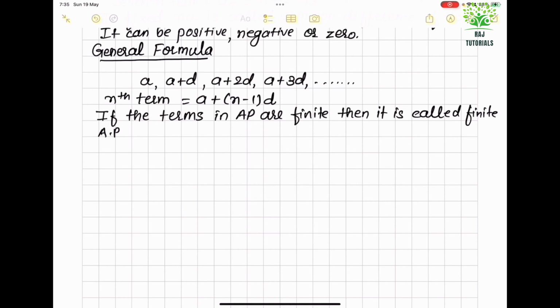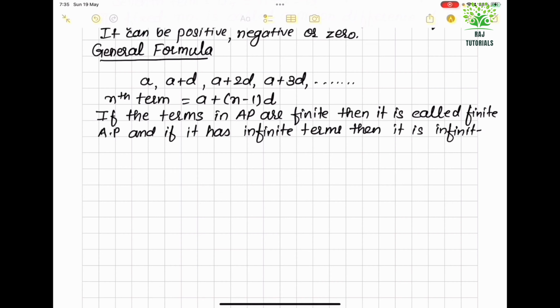And if it has infinite terms, then it is an infinite AP.